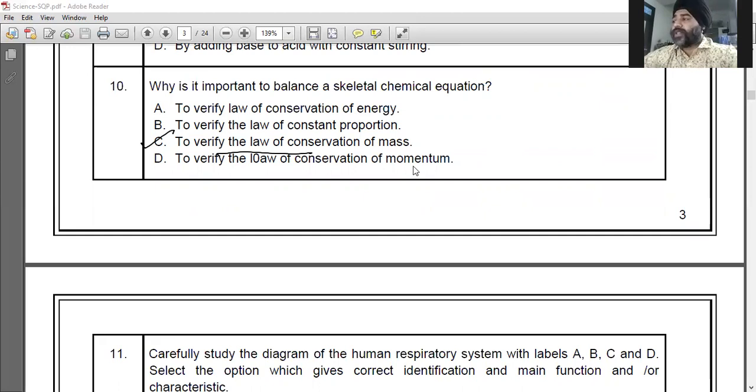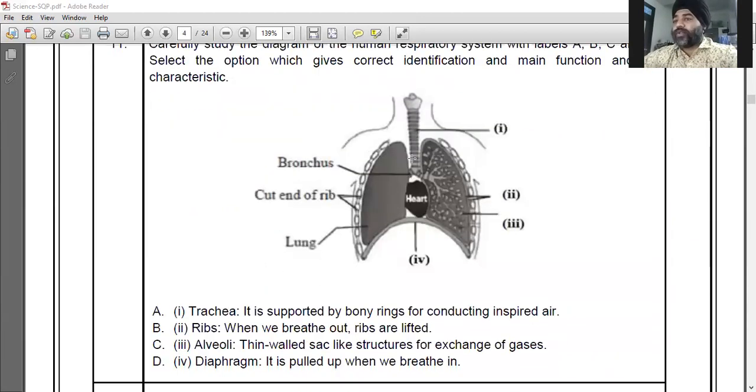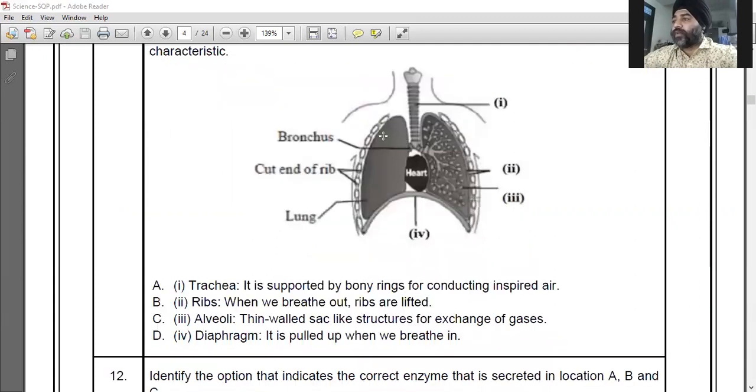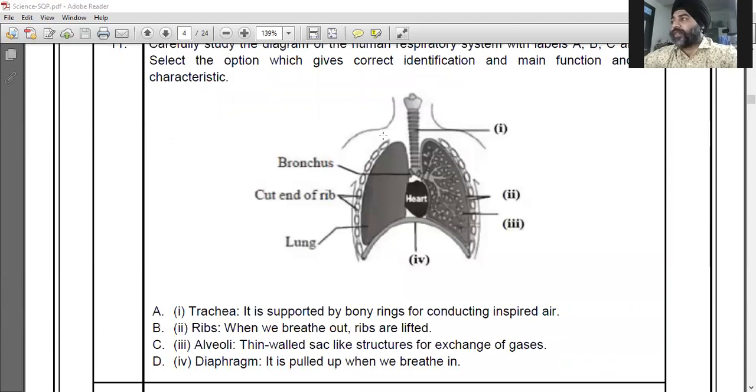Now the next questions are diagram related questions. So you have to study all the diagrams carefully. This diagram is given of the human respiratory system, and some labelings are there: first, second, third, fourth. And in the options, it is given the name of the labeled part and its function.